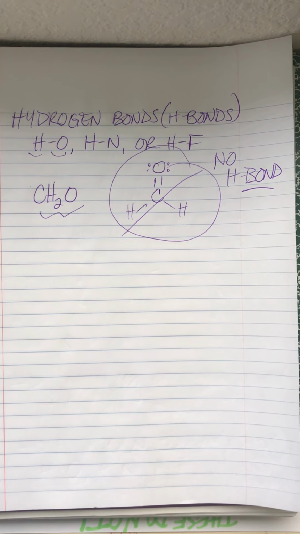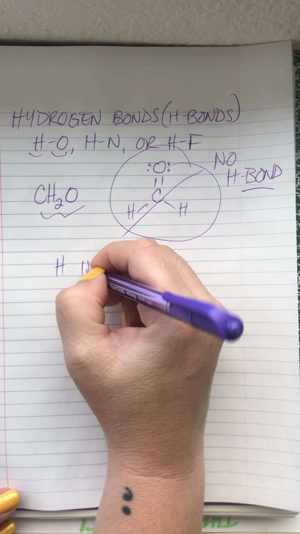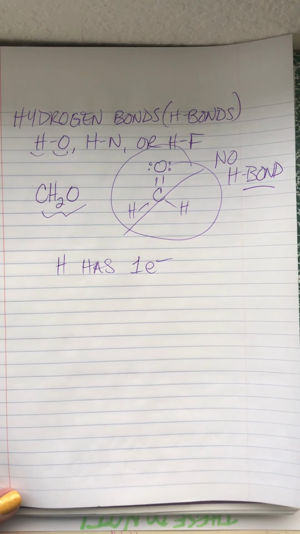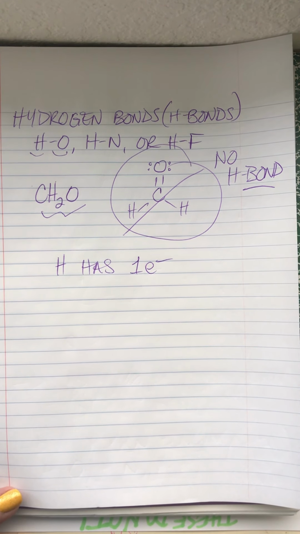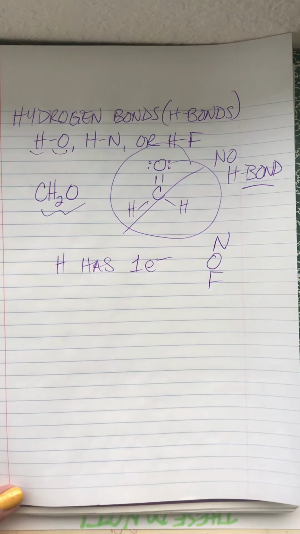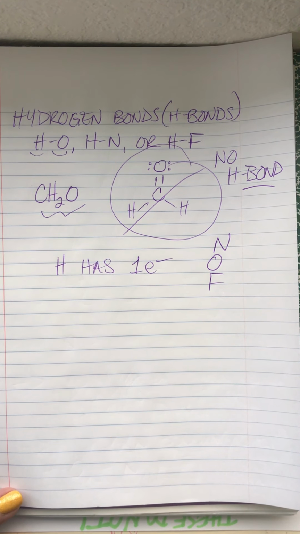So, why are hydrogen bonds so strong? Hydrogen has one lonely electron, right? And oxygen, nitrogen, and fluorine, right? What do we know about their electronegativity? Who's the strongest?